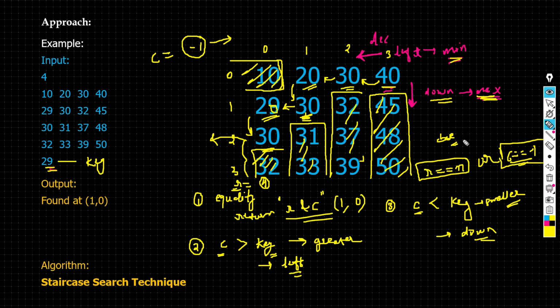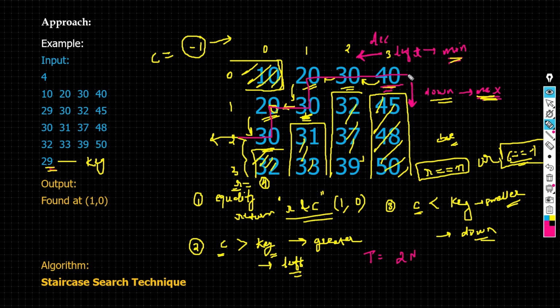Now, coming to the question of why it is called staircase: if you carefully see, the iteration is like a staircase. At first we go to 40, then 30, then 20, then 30, then 28, then 30, then this. So it's like a stair, therefore it is called the staircase search technique. In this, the time complexity is 2n. Why 2n?